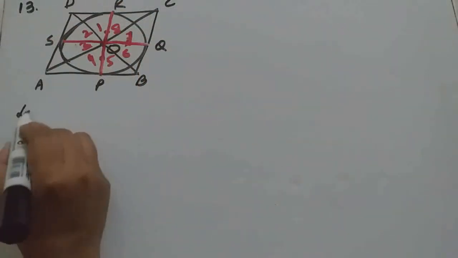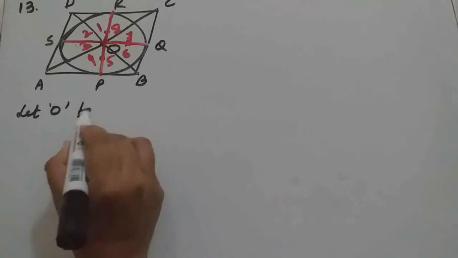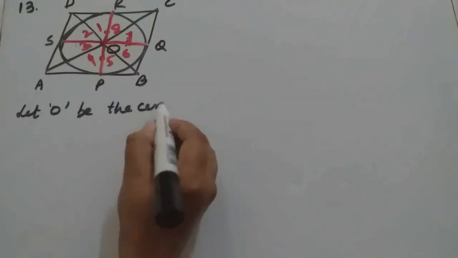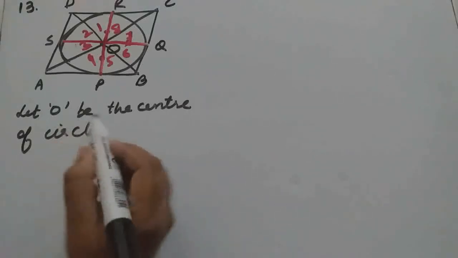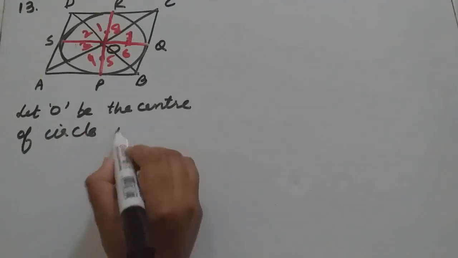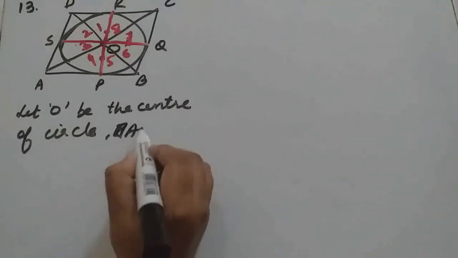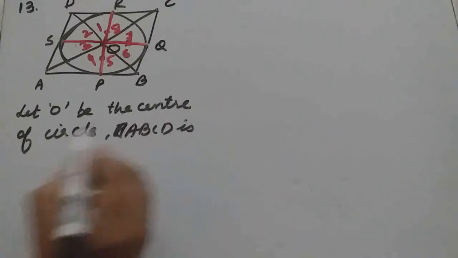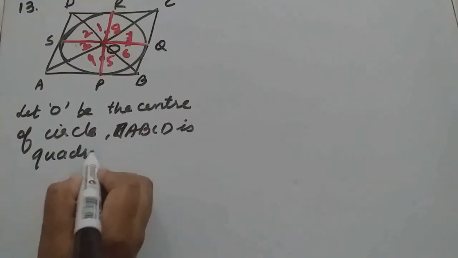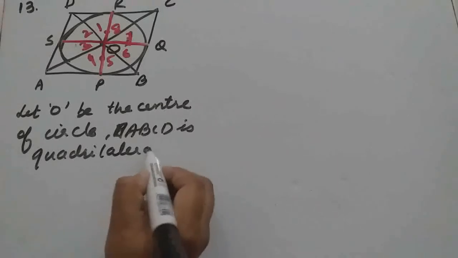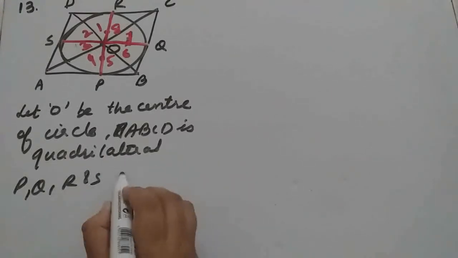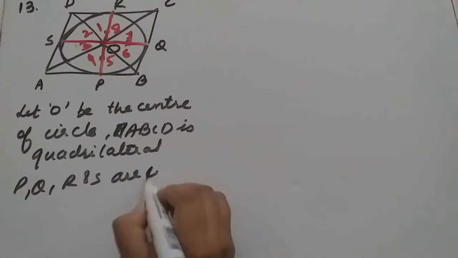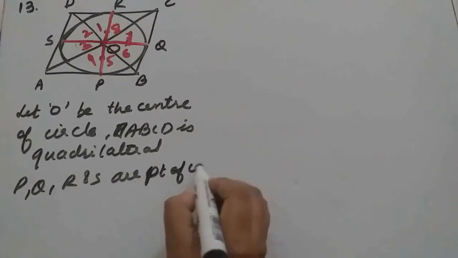So we should write, let O be the center of the circle and ABCD is a quadrilateral. P, Q, R and S are points of contact.